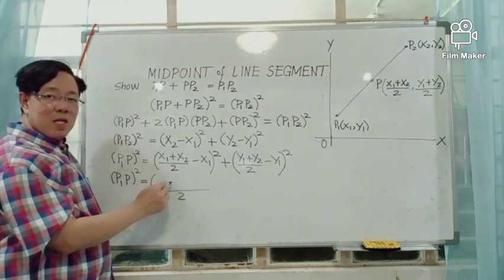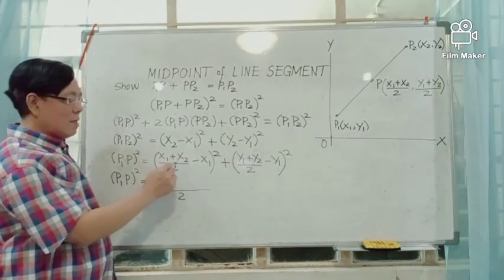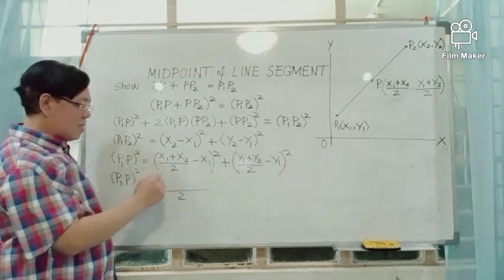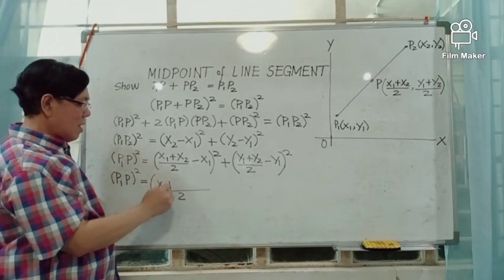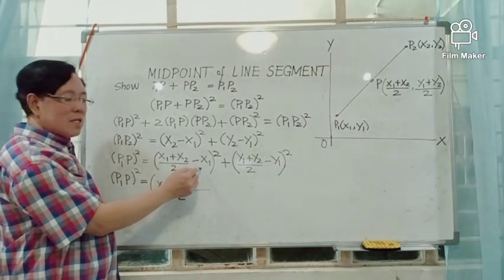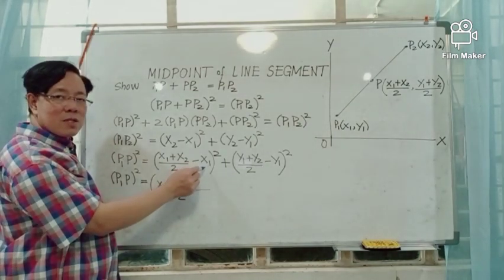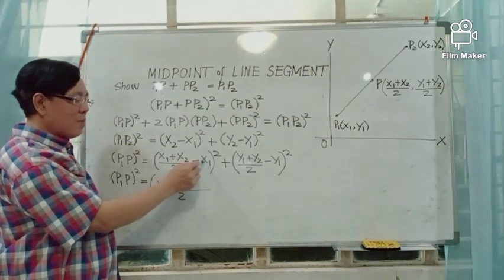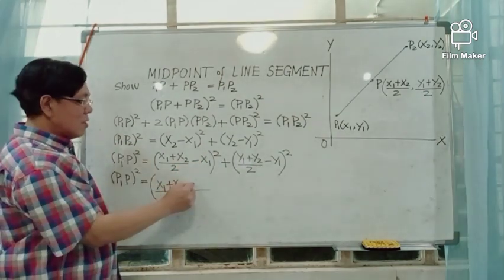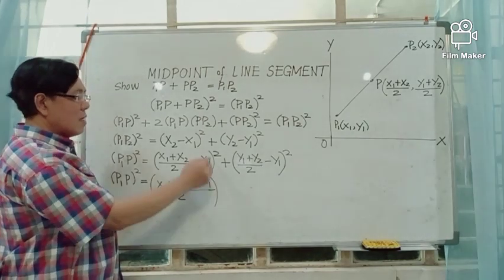We find the numerator. 2 divided by 2 is 1, multiplied by the numerator x1 plus x2. Again, the denominator of x1 is 1. 2 divided by 1 is 2, multiplied by negative x1, you get negative 2x1. And square.